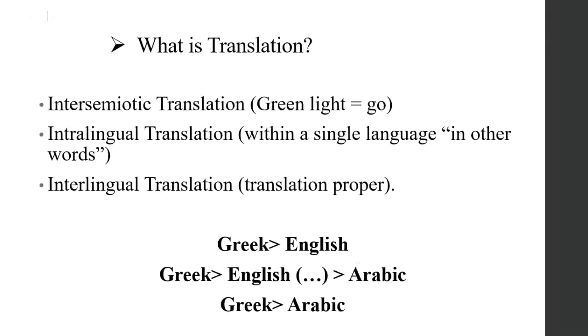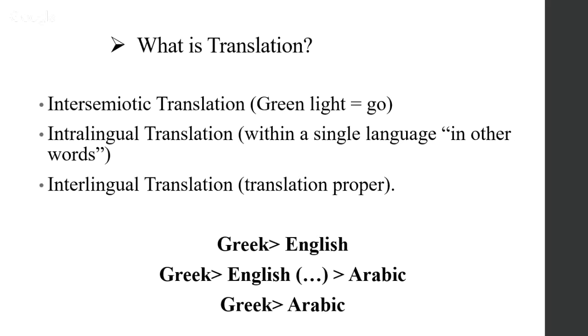So what is translation? In translation studies, we have three basic types of translation. The first is intersemiotic translation, for example the green light in a traffic light, which means go. Or you have intralingual translation, which is a translation within a single language, for example when you say in English "in other words."